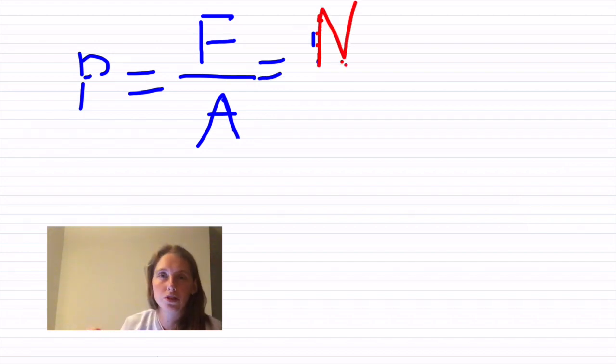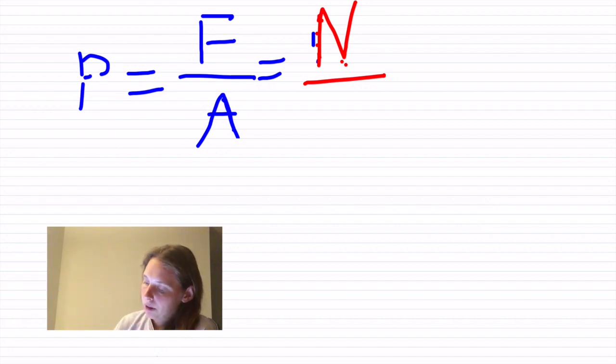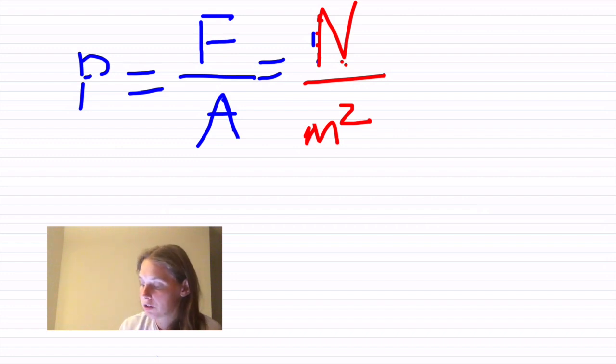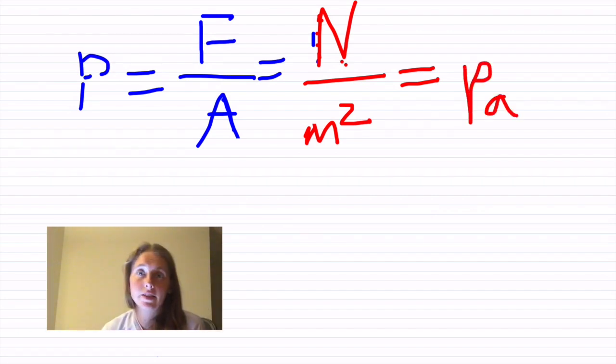What would be the force of a newton? A newton would be about the gravitational force against an apple on the ground, per area, and that's in meters squared. That's one example of pressure. Newtons per meter squared is actually defined as a Pascal, Pa. And that's going to be the standard unit of pressure. So that's how you can think of pressure. It's the force of the molecules of gas pushing against the inside of the container.